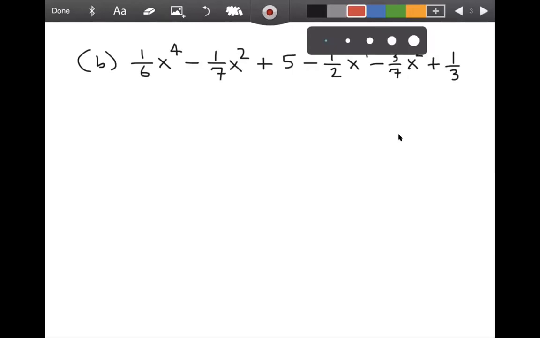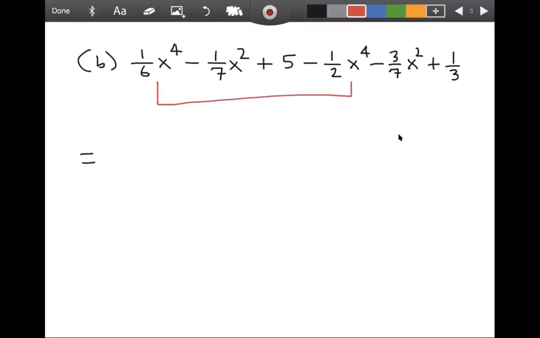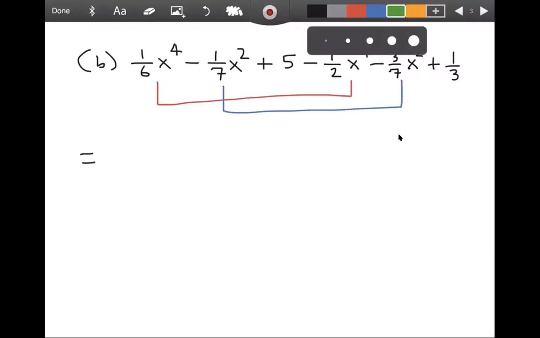I see one-sixth x to the fourth minus 1/2 x to the fourth. I see negative 1/7 x squared minus 3/7 x squared. And then finally, I see 5 plus 1/3.